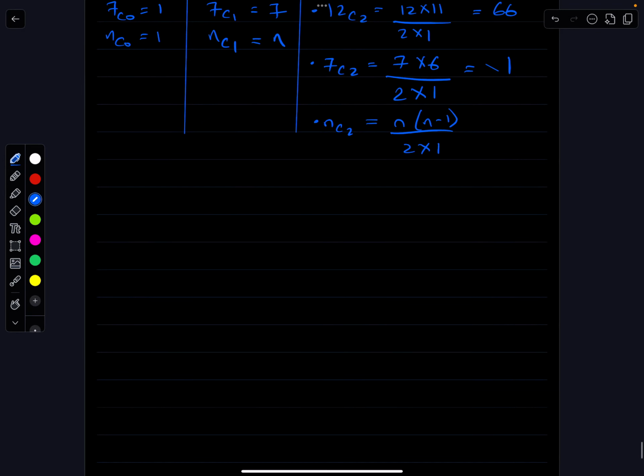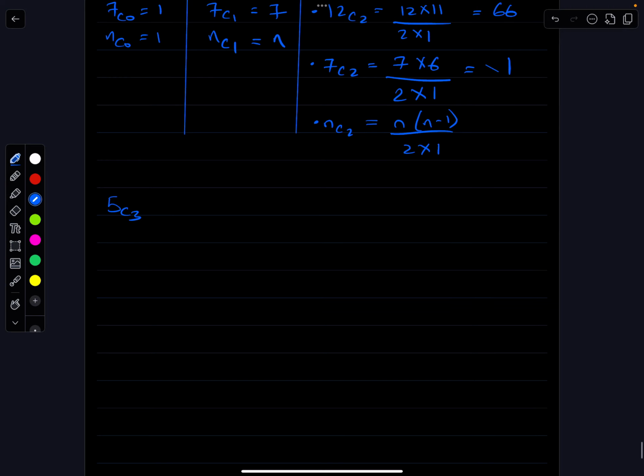Now, and this is also a very important skill when it comes to expansion of fractions and negative powers. So, if we have 5C3, we'll do something like this, 5 into 4 into 3 over 3, 2, 1, and this turns out to be 10. Similarly, if we had 12C3, we'll have 12 into 11 into 10, counting down 3 numbers in the numerator and 3 in the denominator.